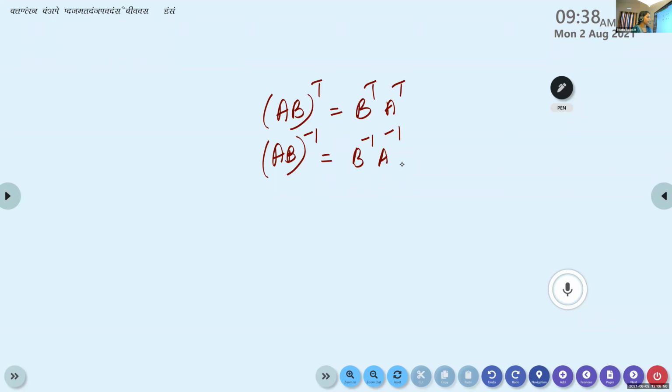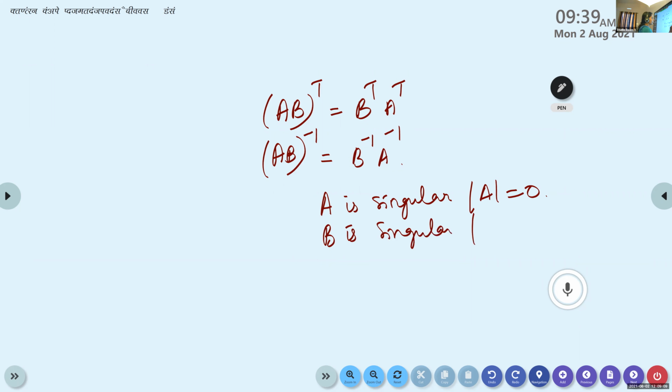Now, when will you say a matrix is singular? A is singular means determinant A is 0. B is singular means determinant B is also equal to 0. Now if A is singular or B is singular, what can you say about determinant AB?